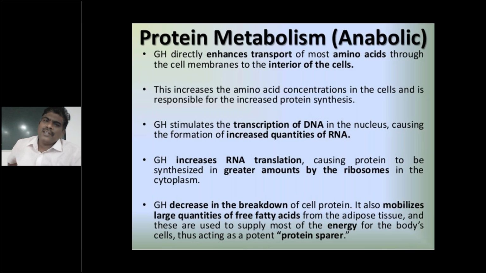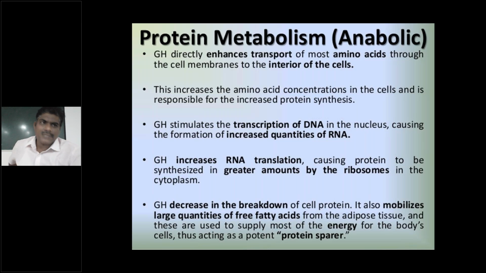And you know what is the central dogma of molecular biology? The central dogma of molecular biology includes replication, transcription, and translation. So here growth hormone stimulates the transcription of DNA. See, you know that for biosynthesis of any protein, the information is present in the form of genes in the DNA.